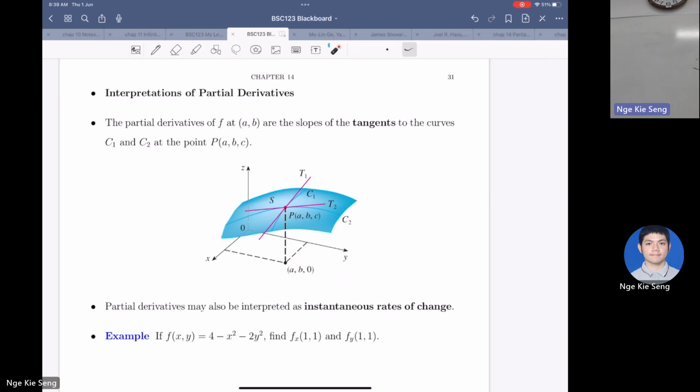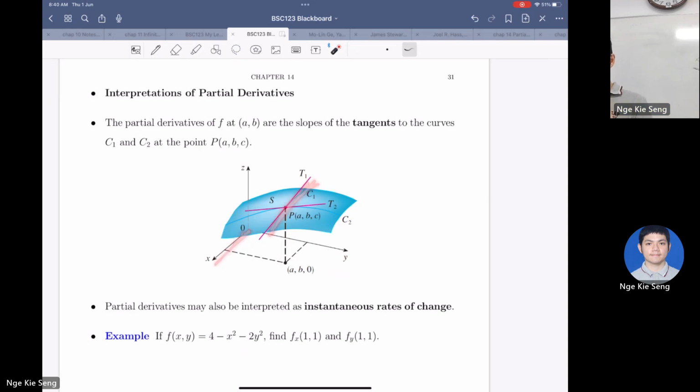So what is C1, C2? Suppose you have a surface, and you want to differentiate this surface with respect to x and y. Let's say we want to find the partial derivative at this point, the tangent at this point. C1 here is the curve that is parallel to x, in the direction of x.